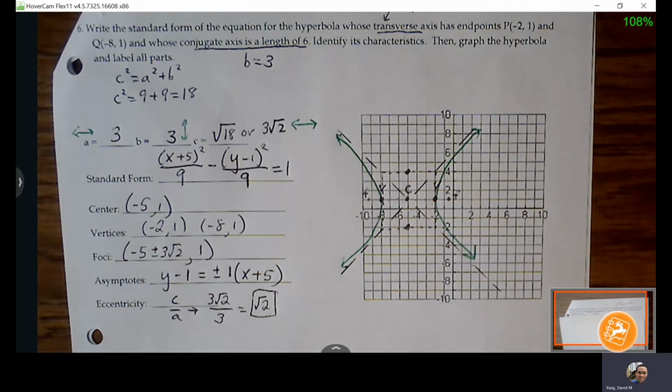Okay, does anybody still need to look at number 6? All right, number 7.